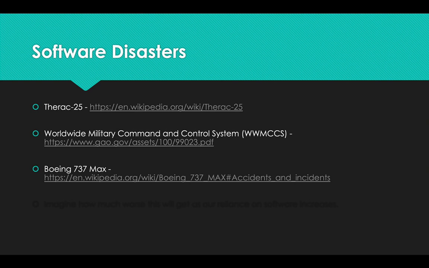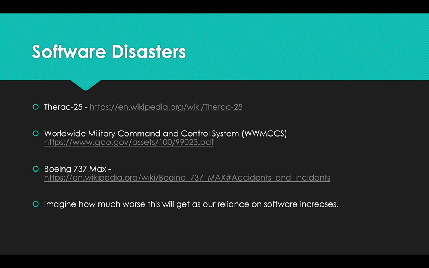So Boeing 737 MAX, all of these things have a lot of impact on people, fatalities notwithstanding. So you can think about how this is only going to get worse as we push more and more industries and more and more tasks toward software and away from actual people trying to perform those tasks.